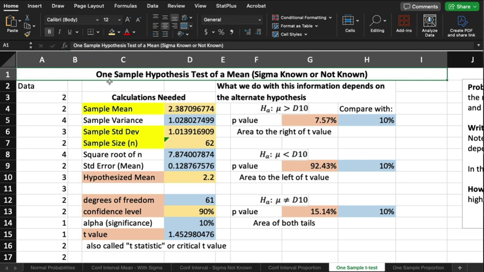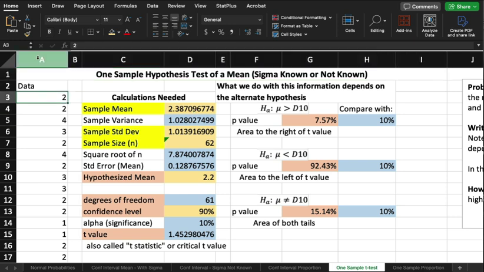In row 1, type one sample hypothesis test of a mean. And in parentheses, sigma can be known or not known. So this will work in either situation, but this is a one sample hypothesis test of a mean. That is what our goal is here, to just create a sheet that can be used again and again.